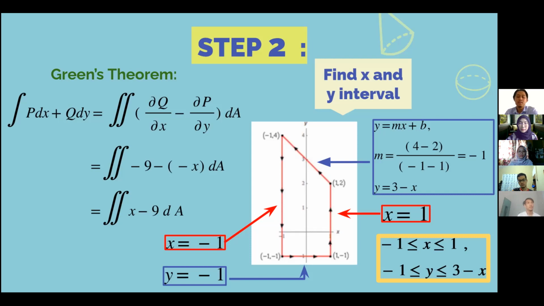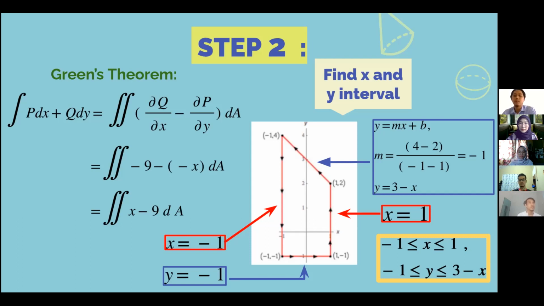For the range of x and y, we will use the formula y equals mx plus b. So here we need to find the gradient of the line. m is equal to 4 minus 2 over negative 1 minus negative 1, so we will get negative 1.